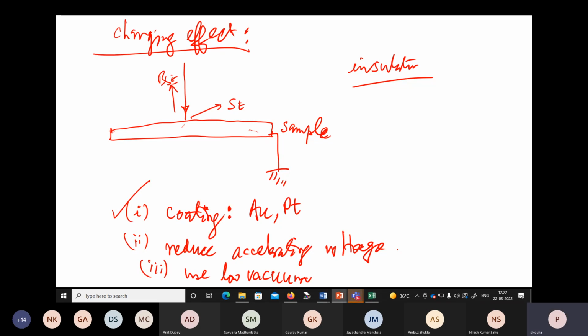The detector, particularly the secondary detector, as I said, is very close to the sample so that it can collect the secondary electrons.